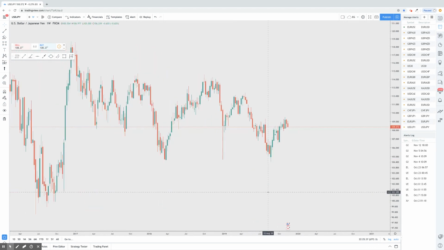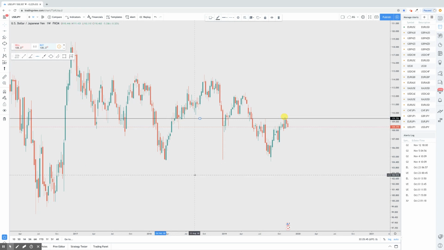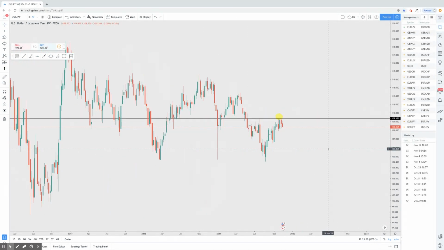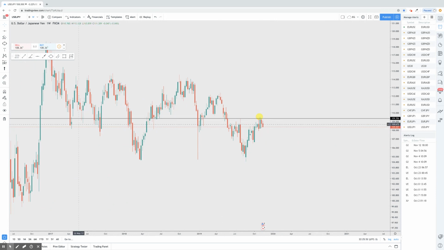However, we're at a turning point here, okay? As we can see, we had major rejection off of this resistance, which I'm just going to quickly draw in. And if we go back, you could see that this has been resistance. You could draw a zone in here as well. I normally do use zones even with this strategy. But basically what we're seeing, you guys, is rejection here of this area, right? And now we're starting to trend down.